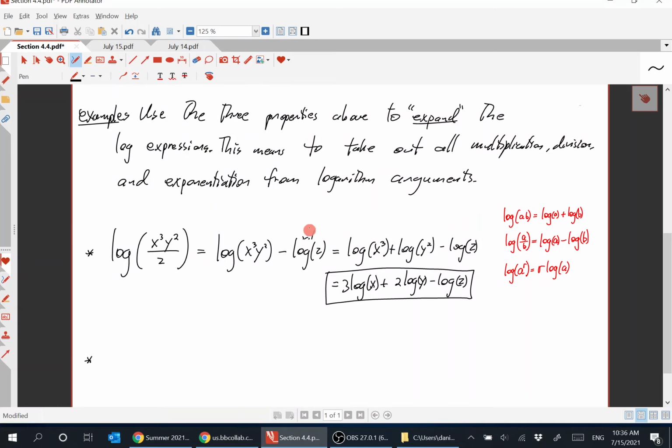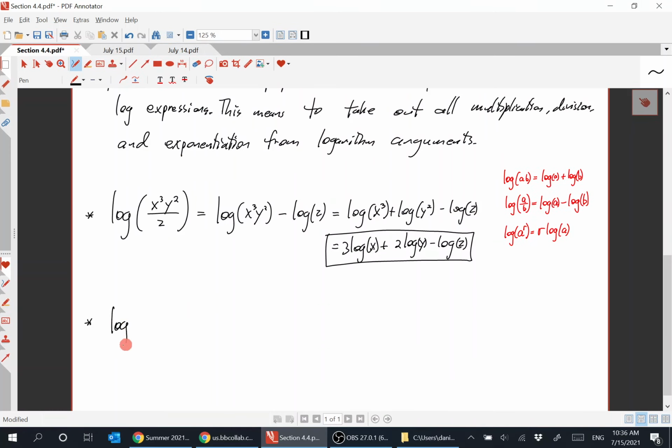log expressions. What if I had something like this? Log of x plus 1 to the third, x minus 1 squared, over x squared plus 1. Suppose I have something like that. And I want to expand it.